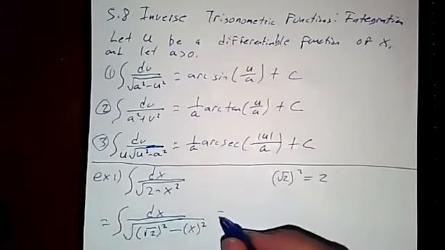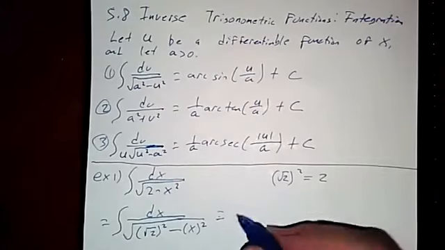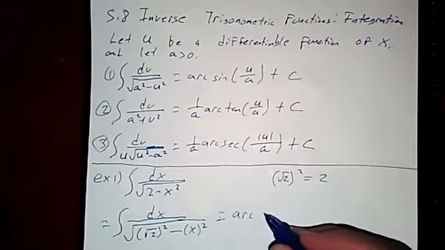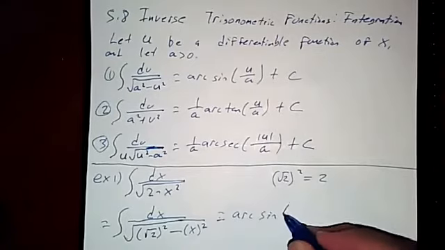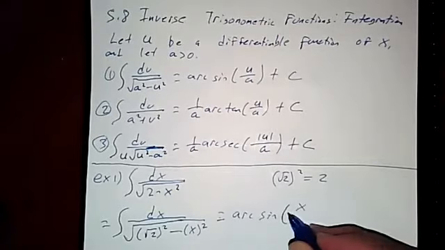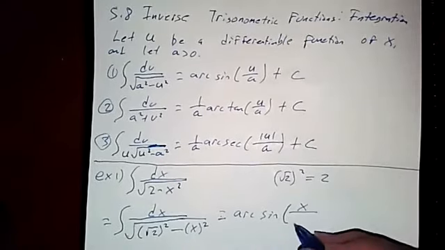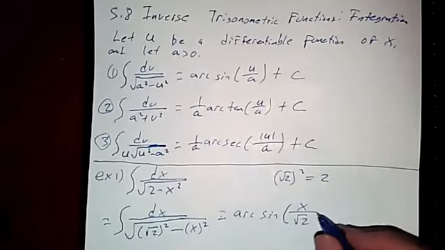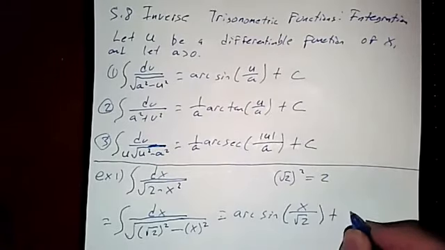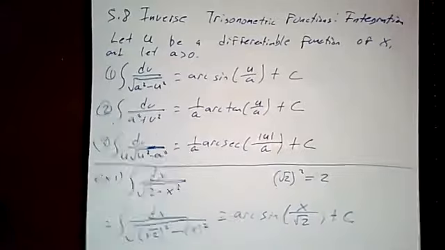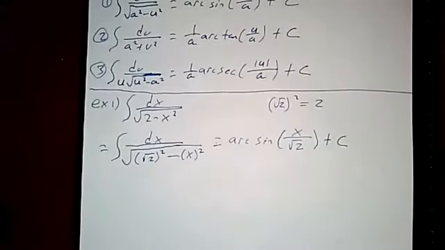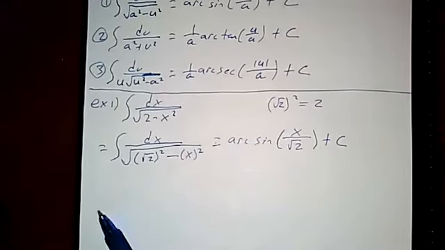So the answer will be arc sine of u, which is x in this case, over a, which is root 2, plus c. All we're doing is using a formula. You just may need to set it up or do a substitution.